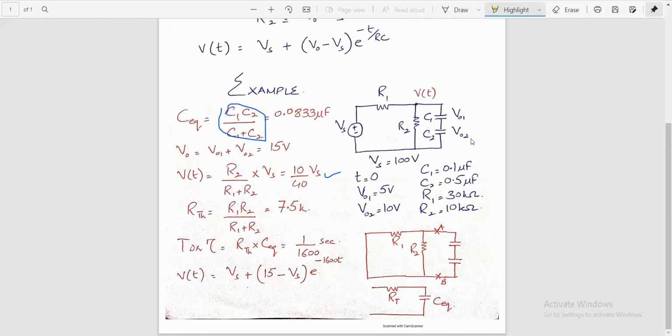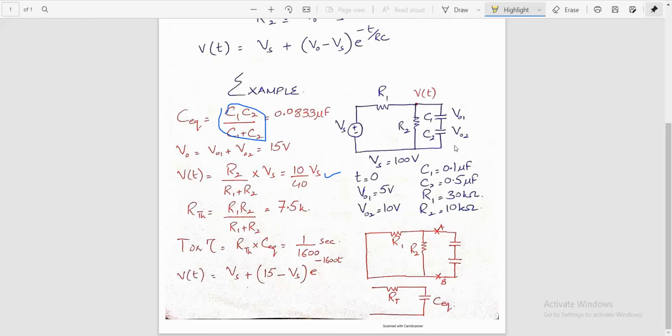The capacitance is very simple. The two capacitances are connected in series. You can find the equivalent capacitance, which is 0.0833. What about resistances? If you go back to the course of electrical circuits, you should remember Thevenin's theorem. The Thevenin equivalent was very much similar to the simple RC network that we did in our previous example.